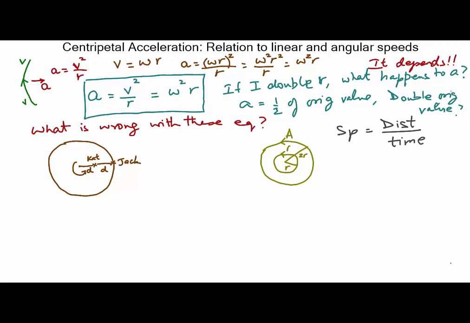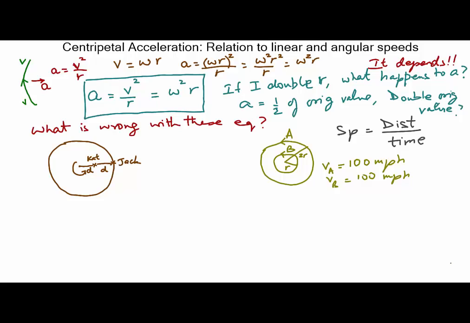I'll just call them A and B, and they both have their car on cruise control. Alex has it at 100 miles per hour, and so does Ben. Given those examples, we want to know how Kathy and Jack's centripetal accelerations relate and how Alex and Ben's centripetal accelerations relate.